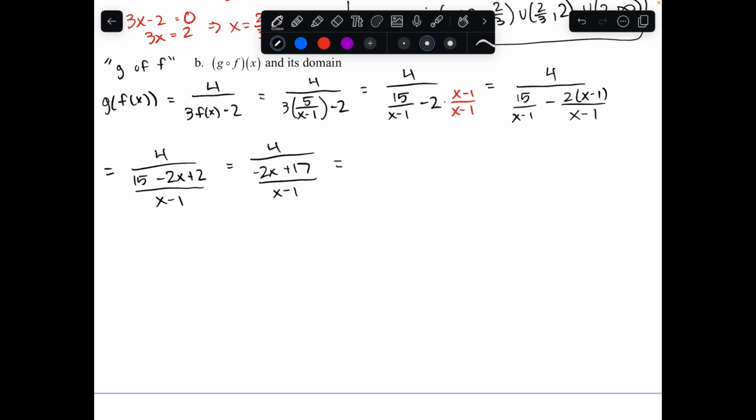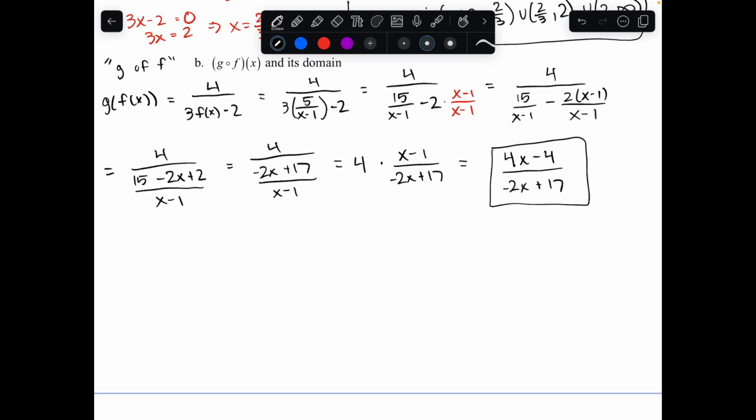Now, we have something divided by a fraction, so we multiply by the reciprocal. So we have 4 times x minus 1 divided by negative 2x plus 17. Multiply it through, and we get 4x minus 4 divided by negative 2x plus 17. And so we have our composition of functions.